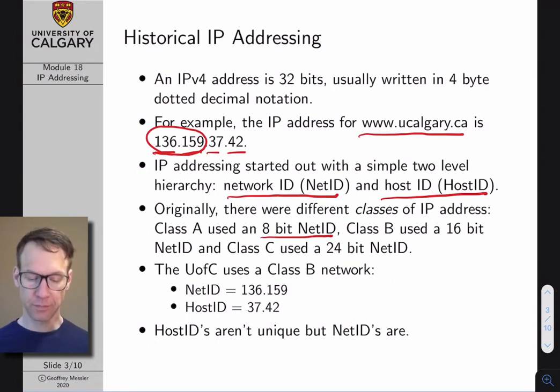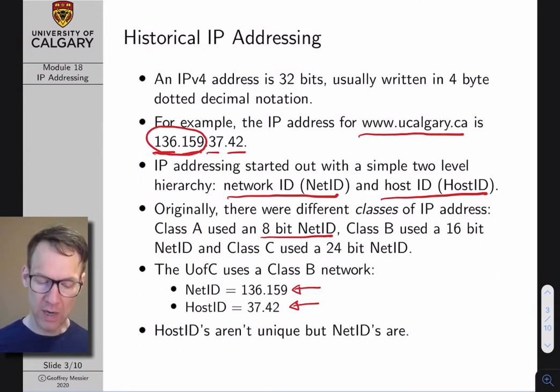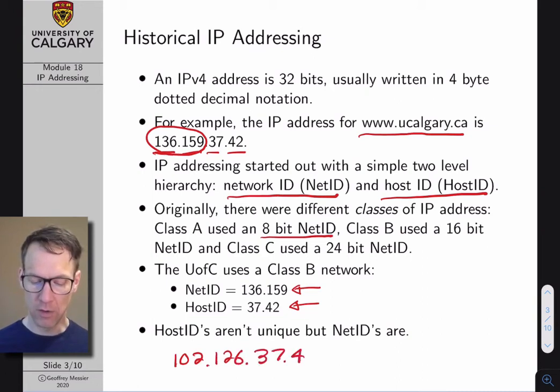And host IDs are not unique, but net IDs are. So there cannot be another Class B address with a network ID of 136.159, but 2 Class B networks can have host IDs of 37.42. For example, we could have an IP address that's 102.126.37.42, right?